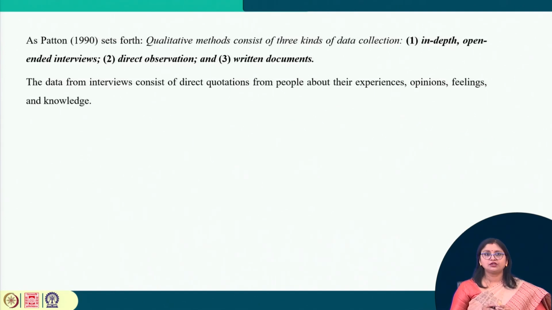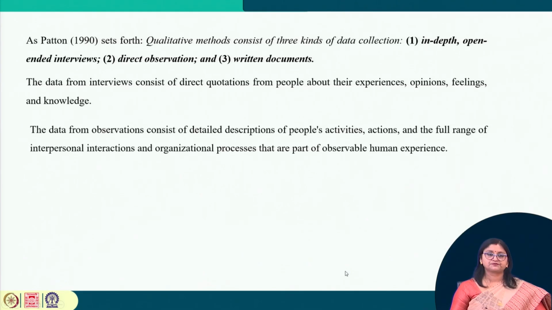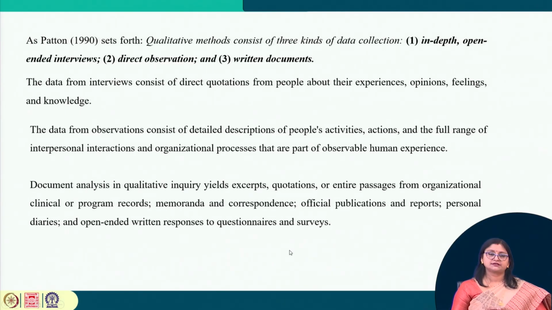The data from the interviews consist of direct quotations from people about their experiences, opinions, feelings and knowledge. The data from observation consist of detailed descriptions of people's activities, actions and the full range of interpersonal interactions and organizational processes that are part of observable human experience.